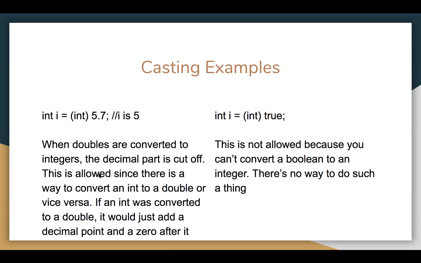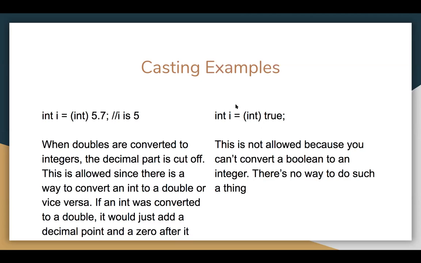This is allowed since there's a way to convert an int to a double or vice versa. If an int was converted to a double, it would just add a decimal point and a 0 after it. When I say this is allowed, I mean that it doesn't come up with an error. But if you look on the right example, you have int i equals, in parentheses, int, and then true.